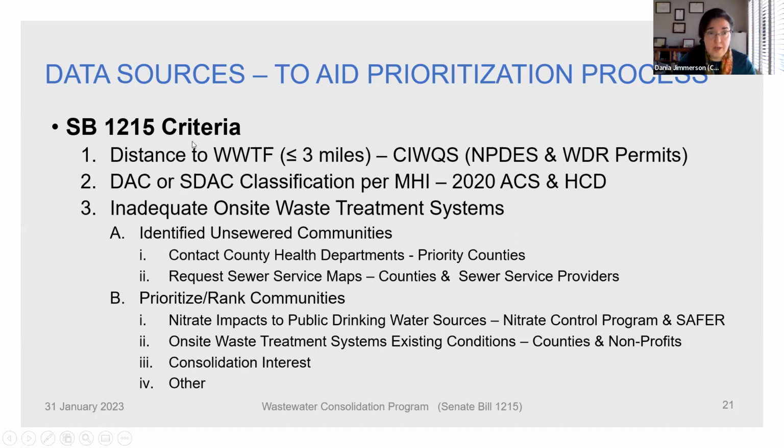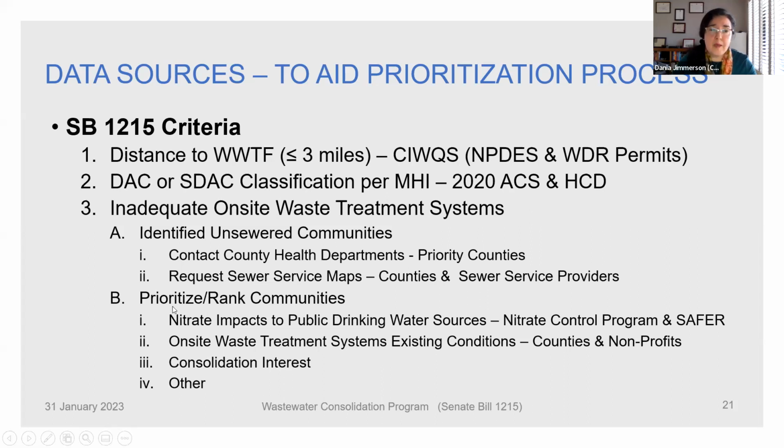The third criterion that SB 1215 requires is inadequate on-site wastewater treatment systems, and the sources for that can be found, as I was saying earlier, with the county health departments. You can also request sewer service maps from the city, and the counties might have that information as well.